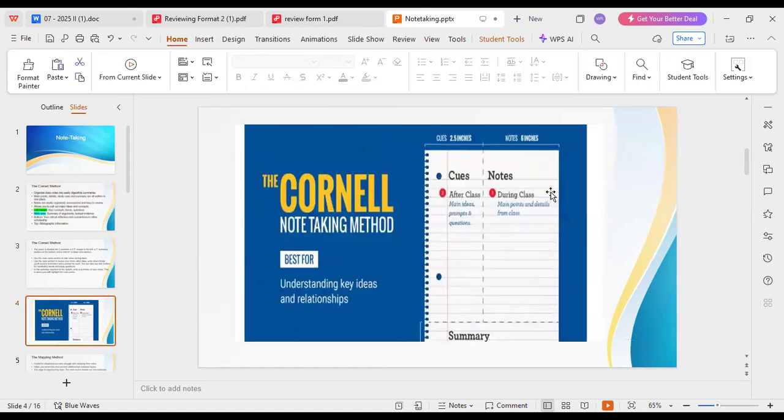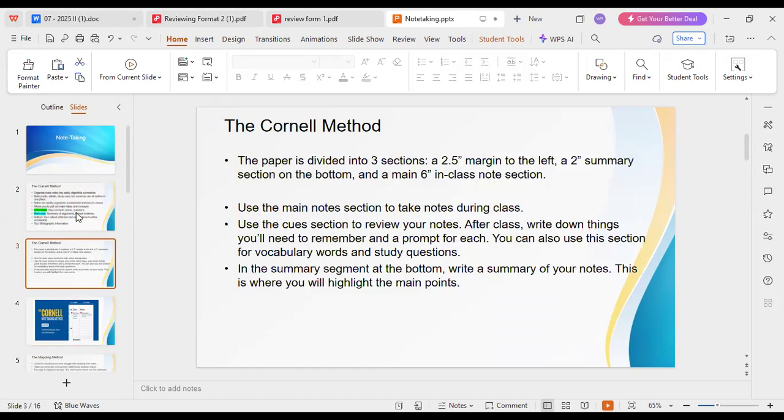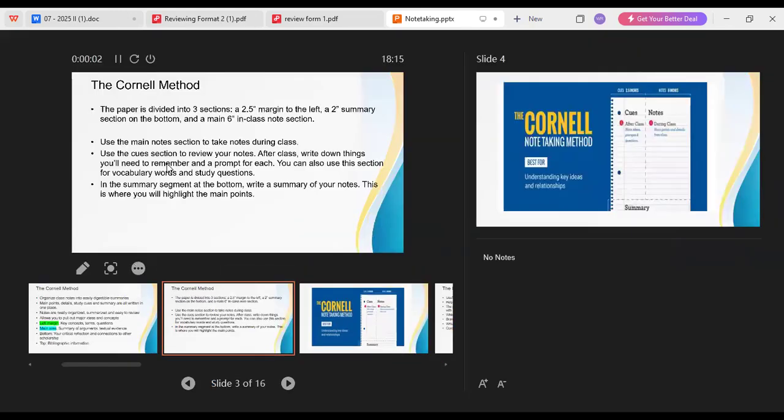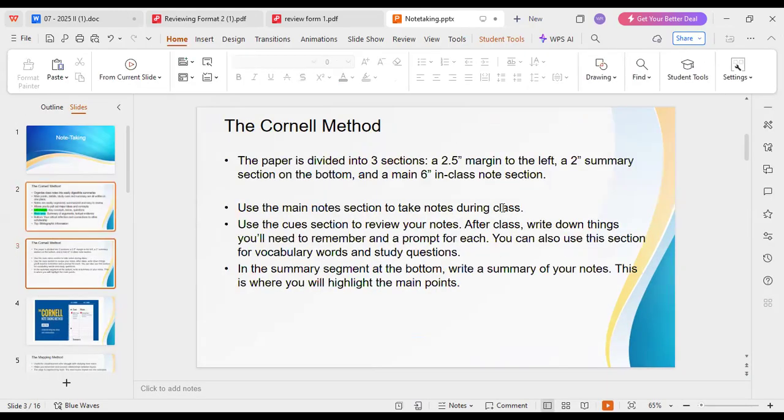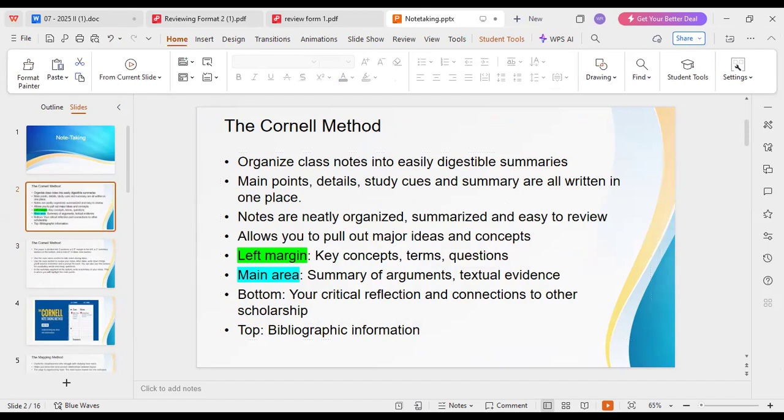So here you see, right? So this part: main points, details, and also the examples, right? Yeah.